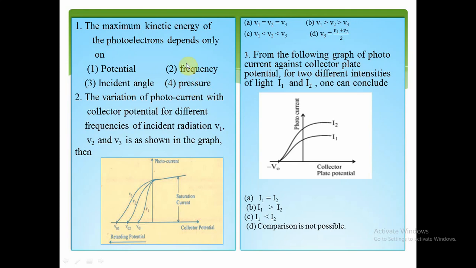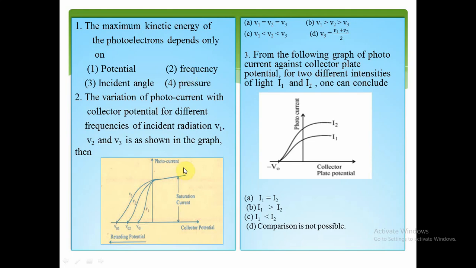The same question was also asked in 2018 CET. The second option is right. Kinetic energy of the ejected photoelectron depends on the frequency. As the frequency of the incident light increases, the kinetic energy of the photoelectron also increases.